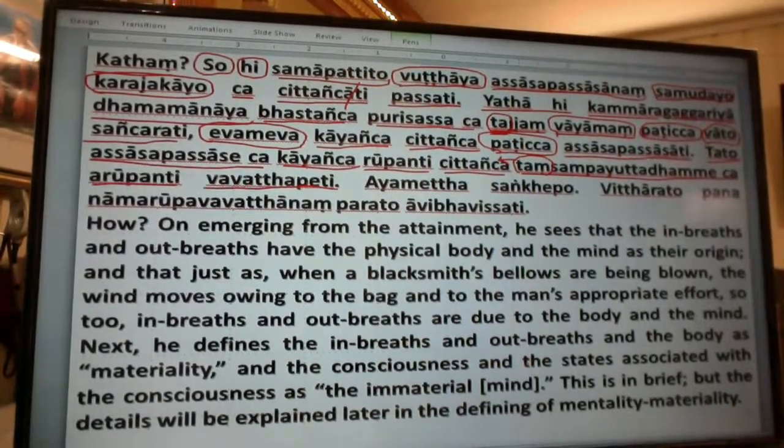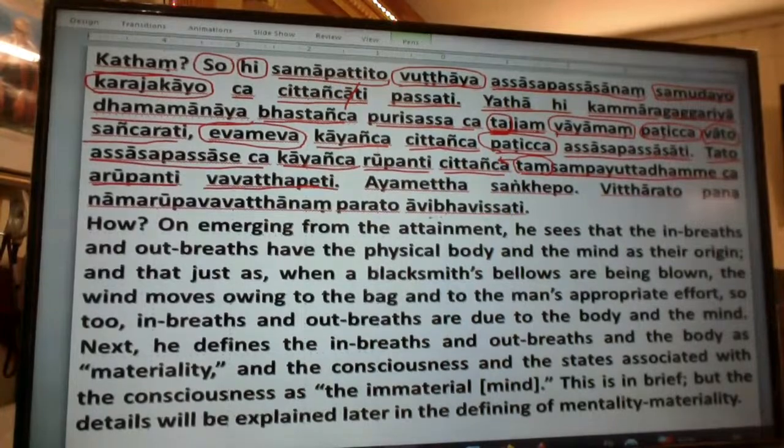So changing like this, okay. So yam ita sankhepo. This is just sankhepo. Sankhepo is brief, not detailed. That kind of explanation is ita, in that anapana sati meditation, in brief explaining.